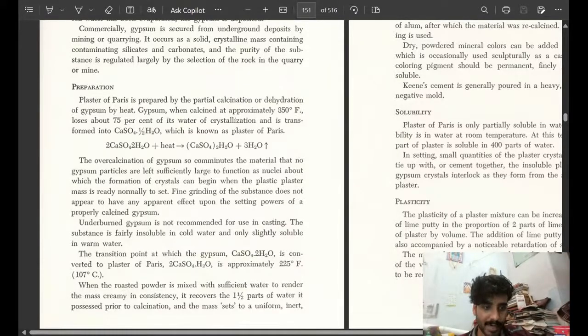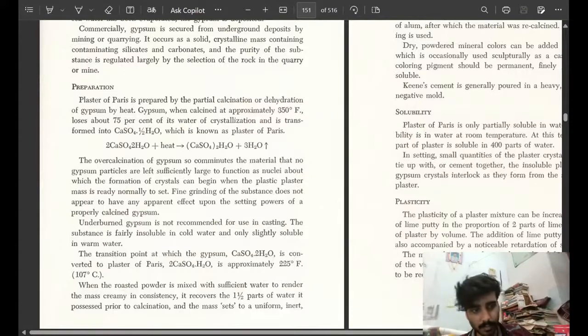The transition point at which gypsum, CaSO4 with two parts of H2O, is converted to plaster of Paris, two parts of CaSO4 with one H2O, is approximately 225 degrees Fahrenheit, which is 107 degrees Celsius.